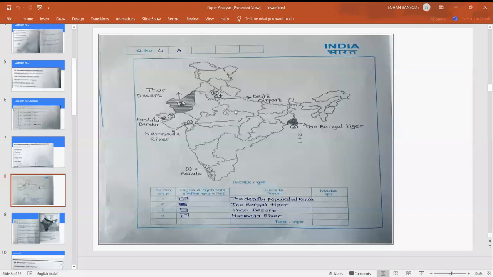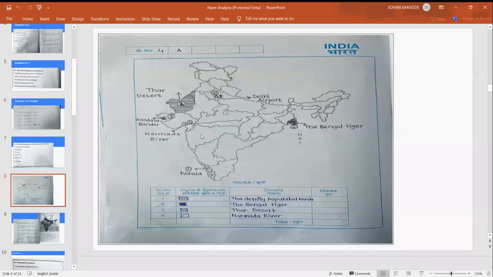Next one is point 2, the Bengal tiger. Mainly these tigers are found in the Sundarban, that's why I have shown it over there. Next, third one is the Thar desert. Thar desert is located in Rajasthan. Next, fourth point is the Narmada river. I have shown the Narmada river with the help of this line, in this way.